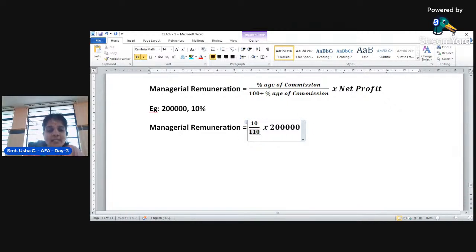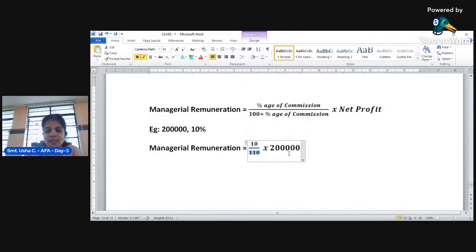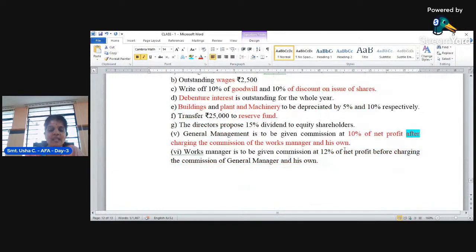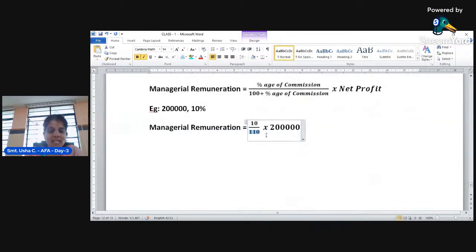Why are we dividing by 110 here? Because they are specifying the 2 lakh rupees of net profit is before charging this commission. This 2 lakh rupees, whatever the net profit they have given, is the amount before charging the managerial commission.